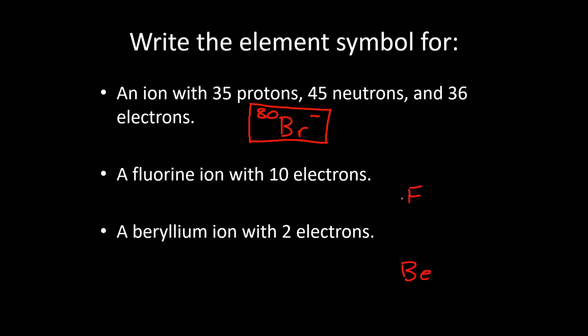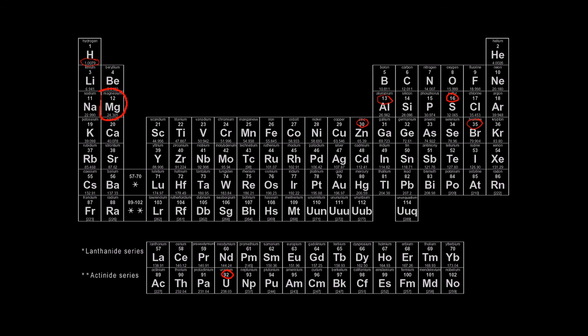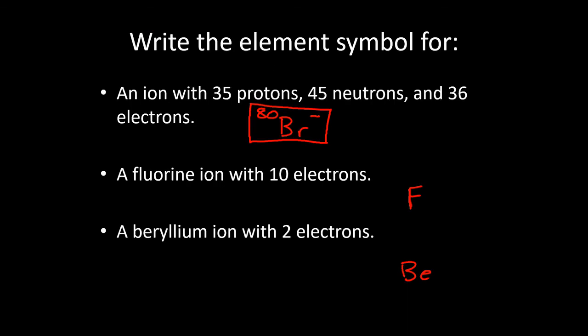Alright, so we already know that fluorine is the element here. So we can go ahead and put in the symbol for that. We're told that this is fluorine with 10 electrons. If we look at fluorine on the periodic table, what we will find is that it is element number 9. So if it has 10 electrons, that means it has 1 more electron than proton, and so it is going to be negatively charged.